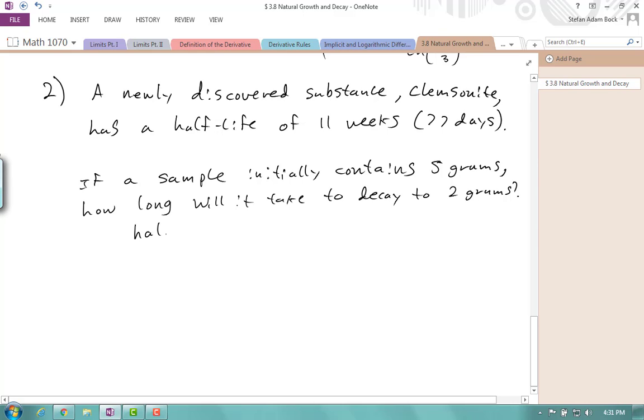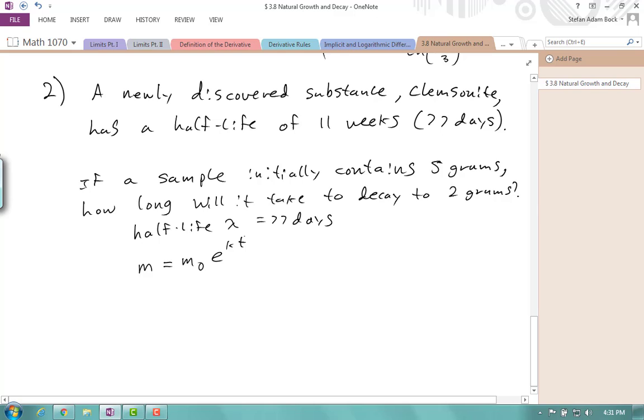So first, the half-life, commonly lambda, is 77 days, and this is the time it takes for the substance to reduce by half. So the letters I'm going to use for this problem are m for mass. This is equal to m sub 0 e to the kt.